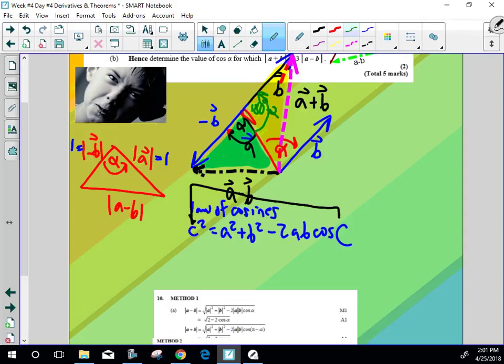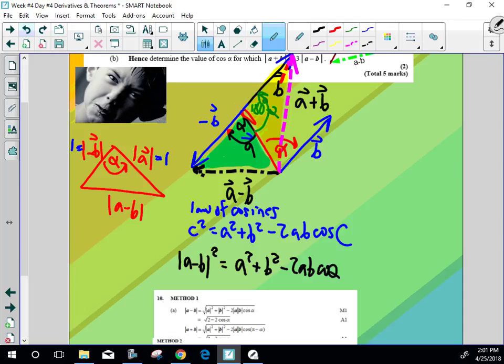Here's side c, here's angle c, they're across from each other. So apparently, the magnitude of A minus B, squared, is equal to a squared plus b squared minus 2ab cosine of the angle between those two, which is alpha.